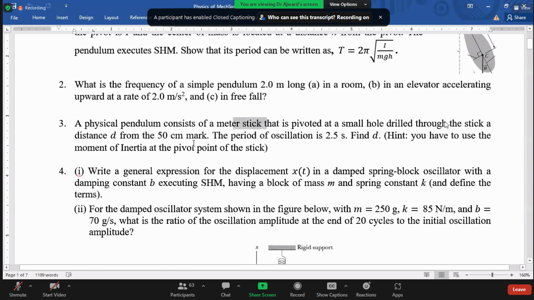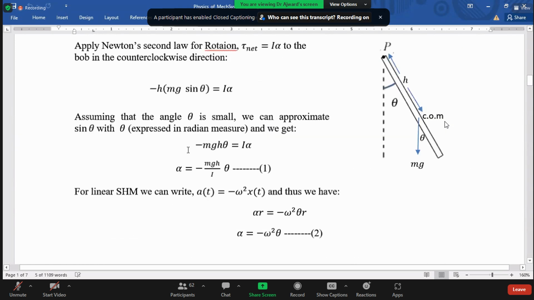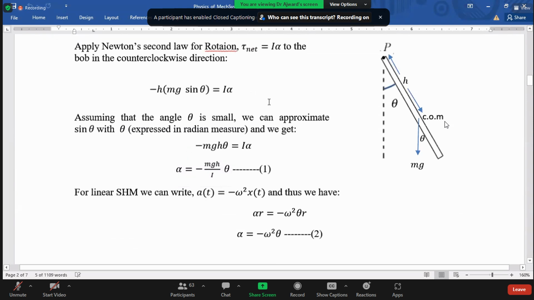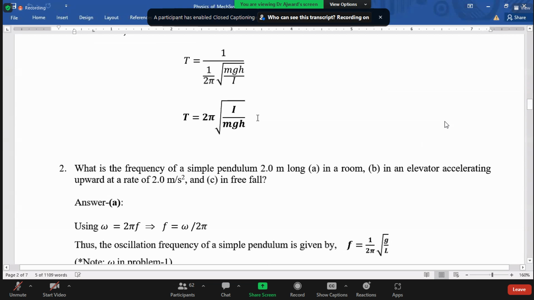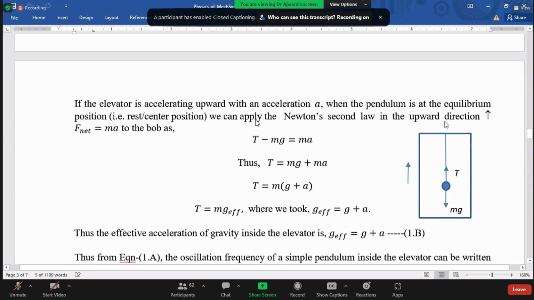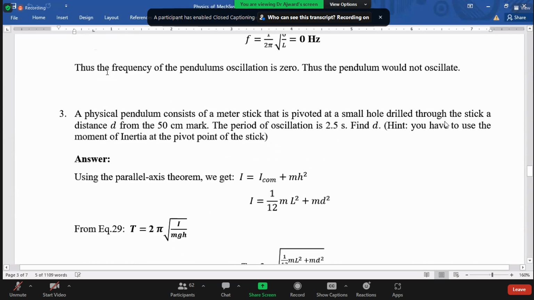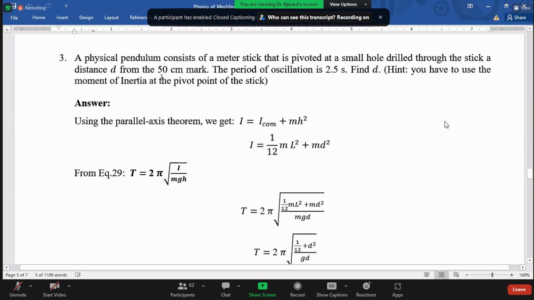It is also kind of a physical pendulum. Right? Remember we went through this one, I think, last time. Yes, this problem 2. And problem 3, we can go through, and you can read the question and remind yourself.